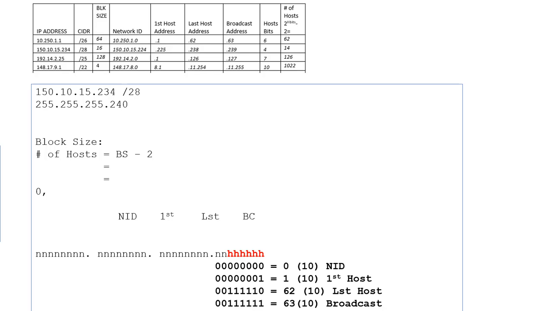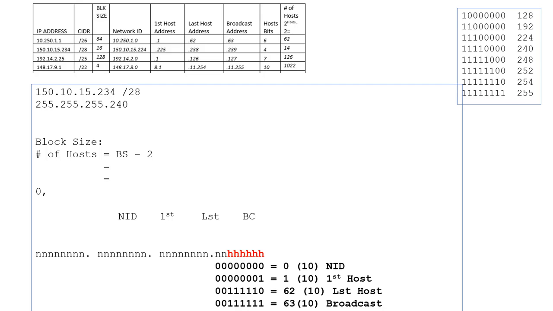And let me show you, it's not like I'm doing a conversion and figuring this out in binary to decimal. I have simply memorized a table of specific subnet mask values. All subnet masks in dotted decimal notation use a set number of values, and here they are up here in the upper right hand corner.